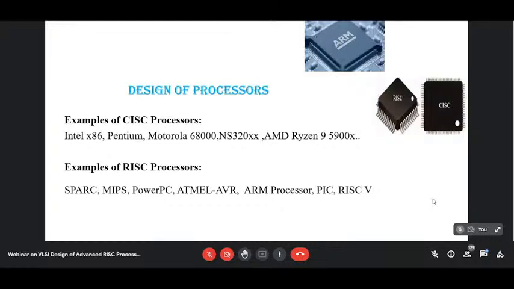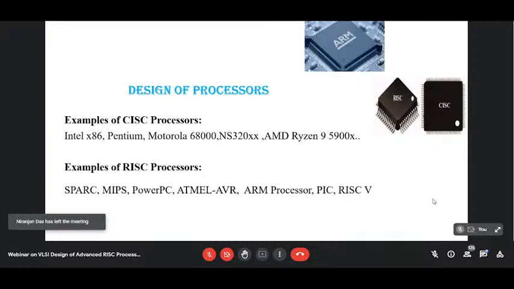Here by processor we mean the CPU, the central processing unit of a computer. Widely, there are two types of processors: CISC and RISC. CISC stands for Complex Instruction Set Computer, and RISC stands for Reduced Instruction Set Computer. From the name, you understand that complex instruction set computer means the instruction sets are quite complex and very large, whereas reduced instruction set computer means the instruction sets are smaller and less complex.